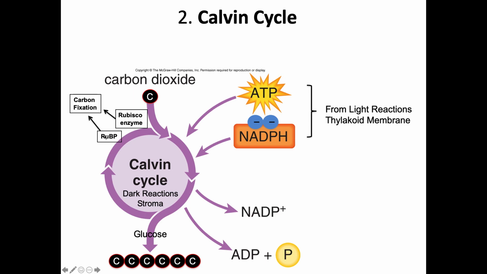And then there's a molecule waiting for it in the Calvin cycle called ribulose bisphosphate, abbreviated RuBP. And then what this enzyme does is that it'll combine this molecule of ribulose bisphosphate with carbon dioxide, essentially fixing it, combining it to become another intermediate in this Calvin cycle.